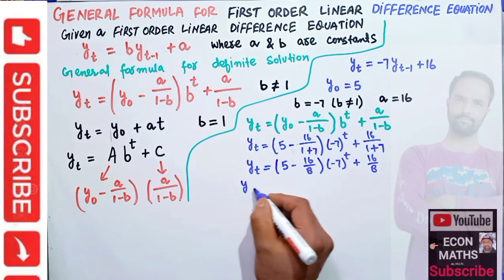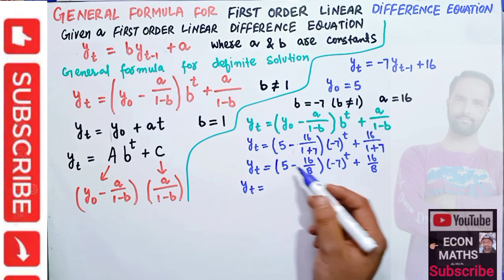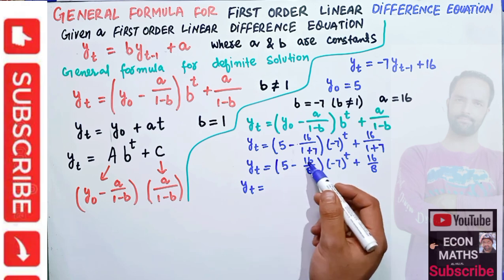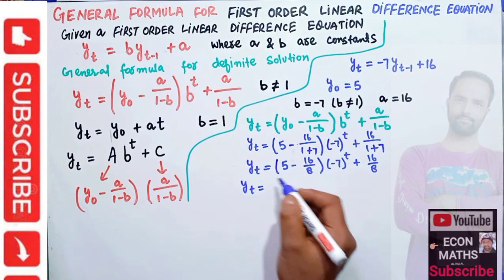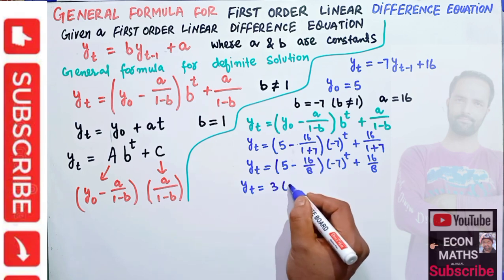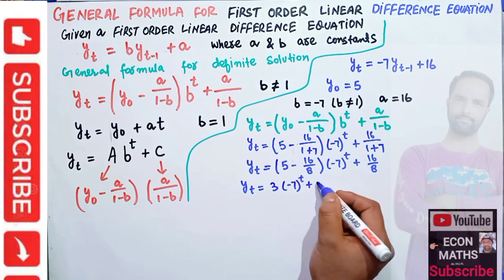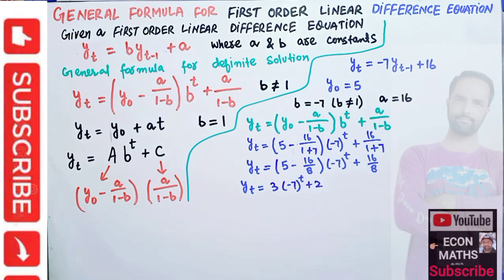So 8 5s are 40, 40 minus 16 comes out to be 24, and 24 upon 8 is equal to 3. So we have 3 times minus 7 raised to the power t plus 8 2s are 16, so 2. This is the solution.